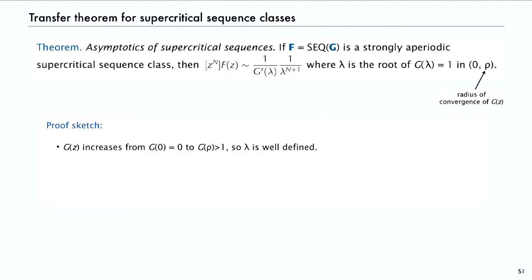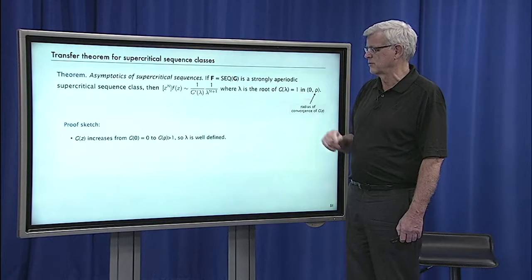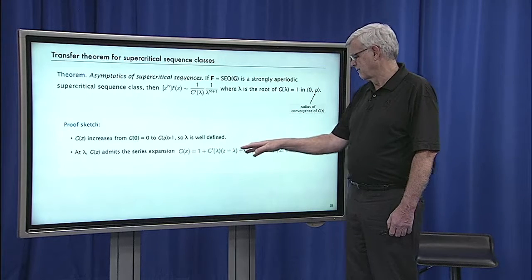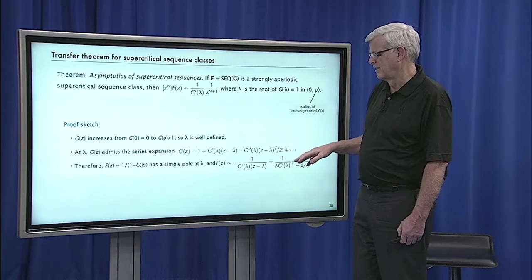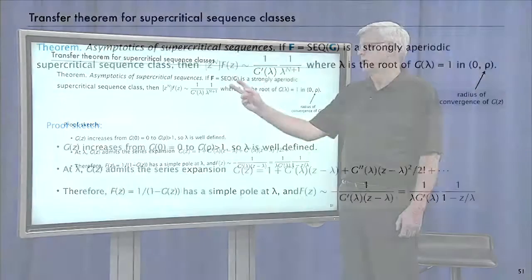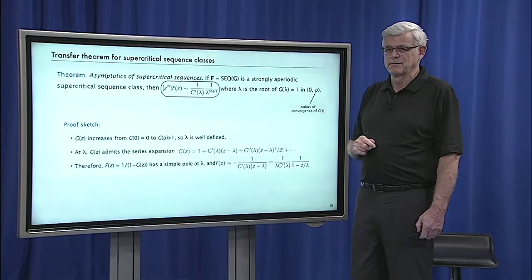There is a value where G of lambda equals 1, and that's the one that we're going to look for. And then at that point, you can write out the series expansion of what G would be. And then if you take 1 over 1 minus G, that essentially gives you the leading term, the coefficient asymptotics. That's just a quick outline of the proof.